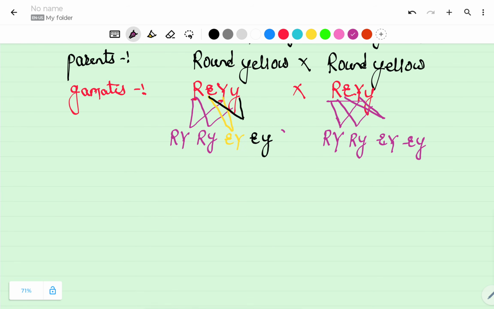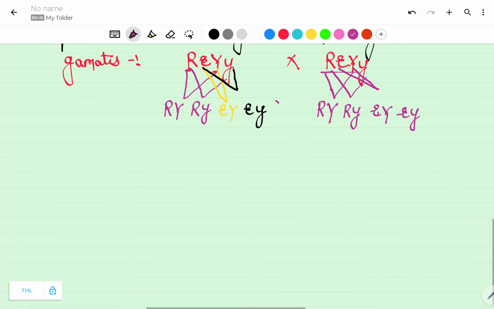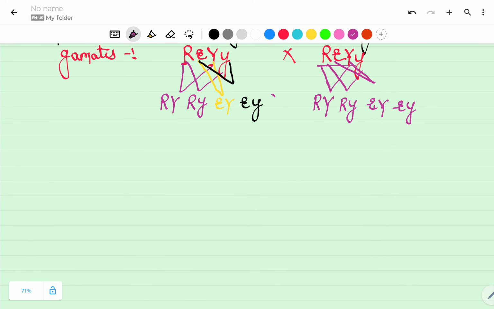Now we cross these parents with the help of a Punnett square or checkerboard. So here we make one checkerboard and write the F2 generation, the second filial generation.